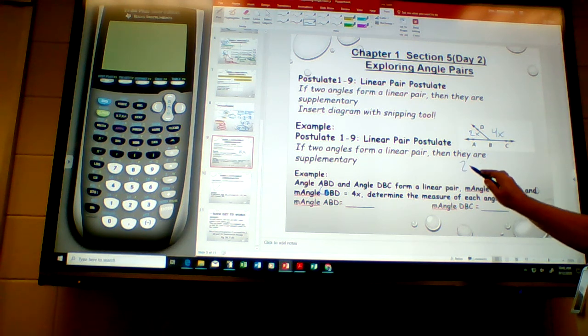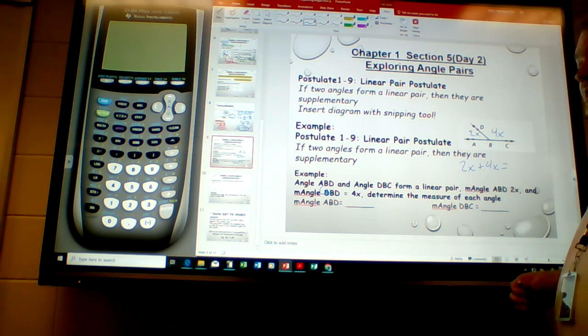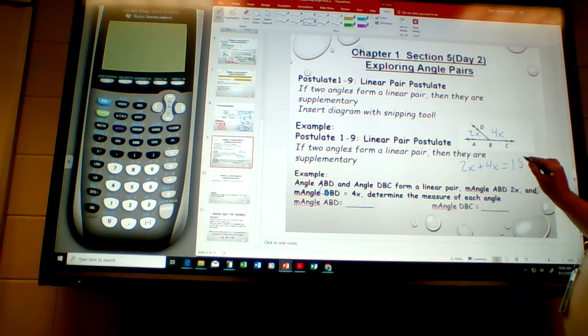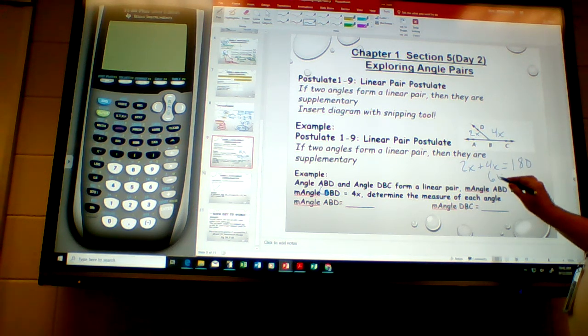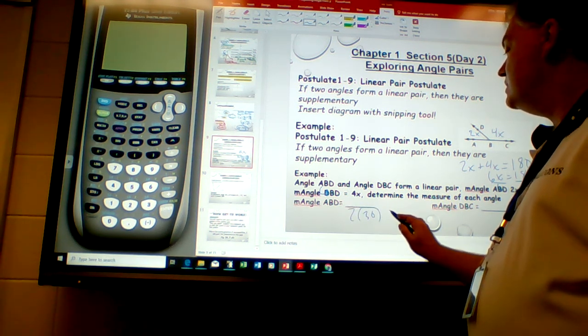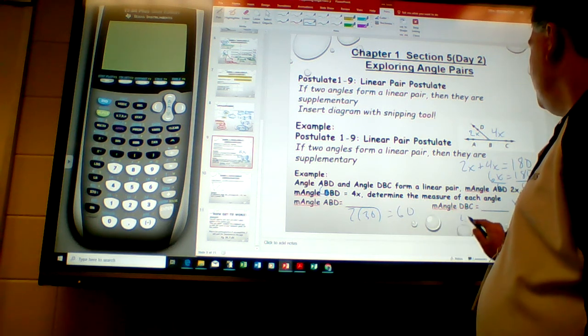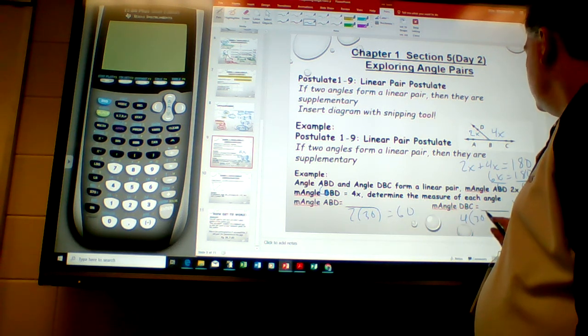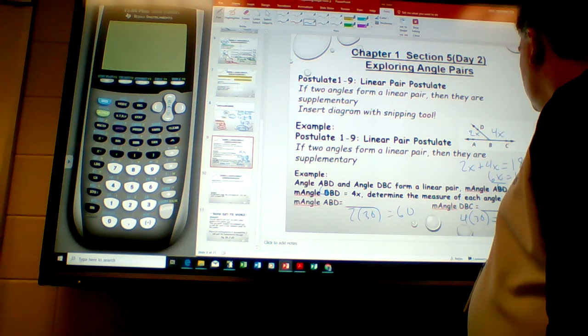But we know that 2x plus 4x equals 180 degrees. So 6x equals 180. So x equals 30. And then I just plug in, so 2 times 30 equals 60, and 4 times 30 equals 120.